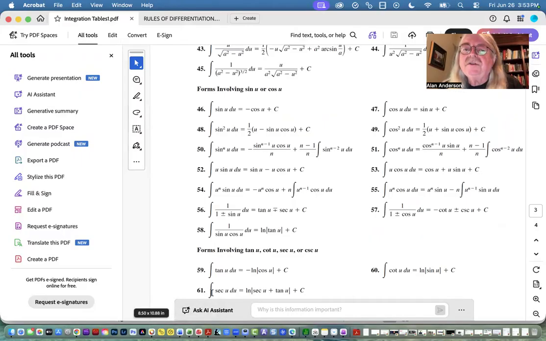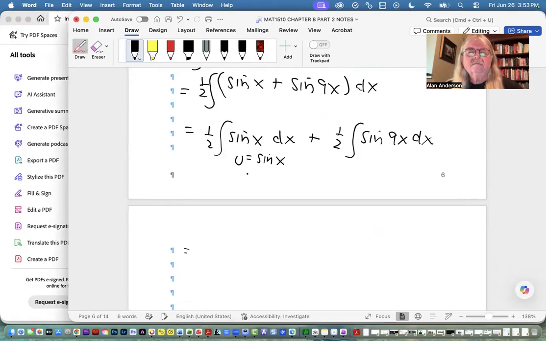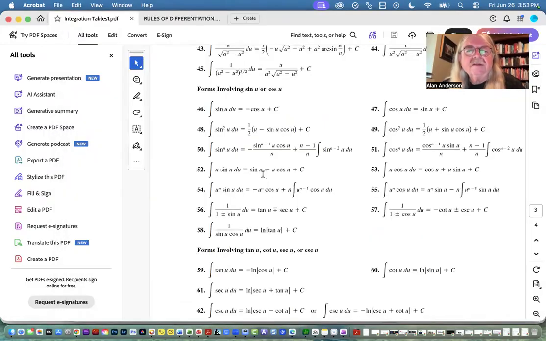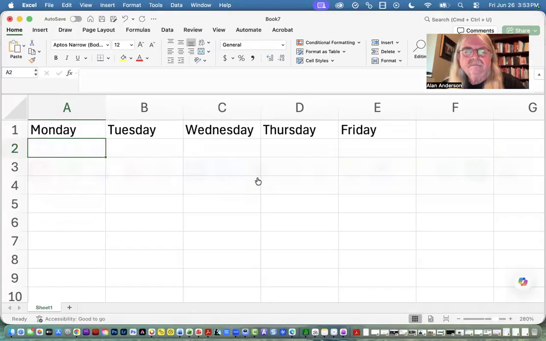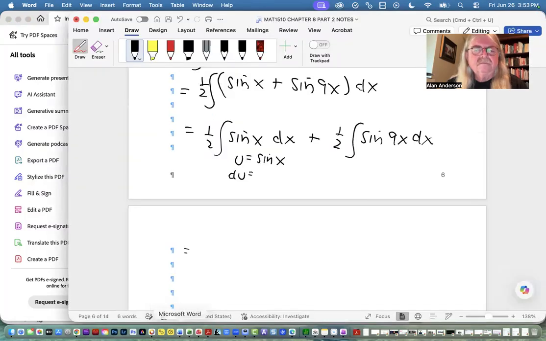Actually, what we should probably do is use substitution here, because otherwise we're going to miss something. So let's try this. For this one, the derivative of the sine is the cosine. Oh, no, I guess that's not going to work here.